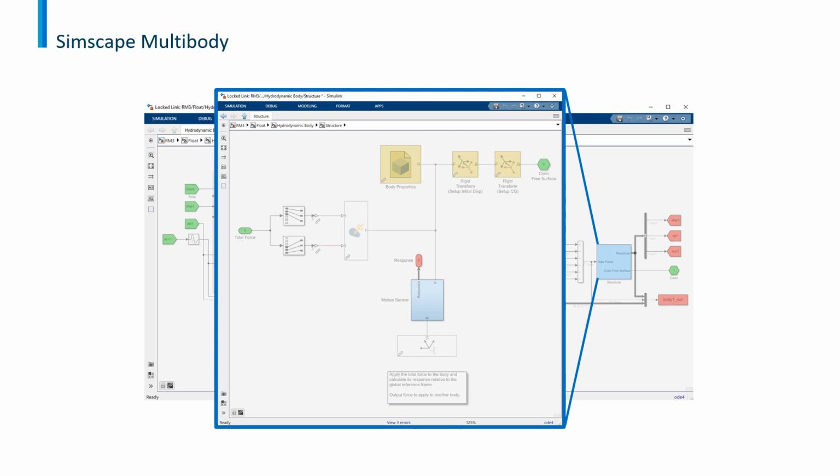To summarize, in order to simulate a body in WEC Sim, our user needs to define the body as a body class object. This body class object can be a hydrodynamic body, in which case the hydrodynamic coefficients are necessary, or it could be a non-hydro or a drag body, in which case the hydrodynamic coefficients are not necessary.